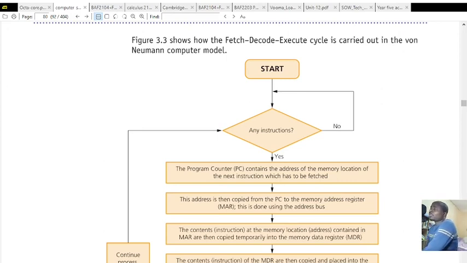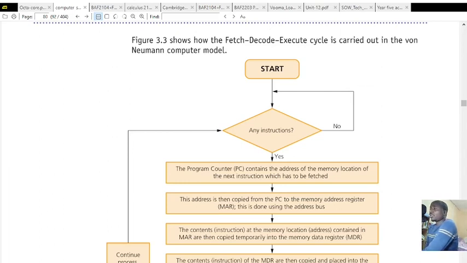The computer checks for any instruction. If no, it will go back and check again, is there any instruction? If there is, then yes, it will go to the program counter to check what is there.